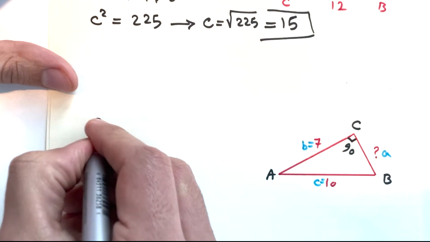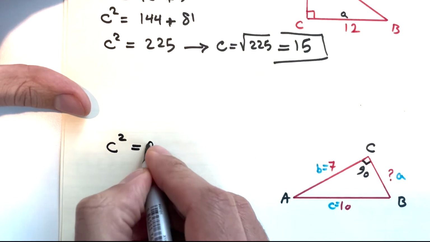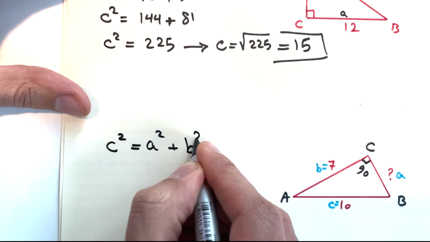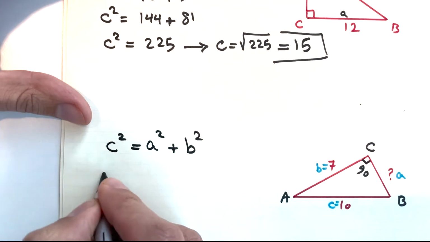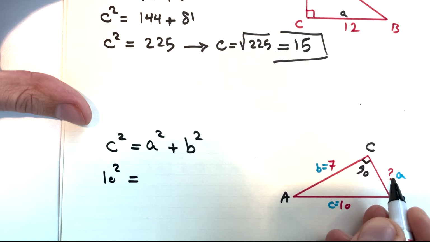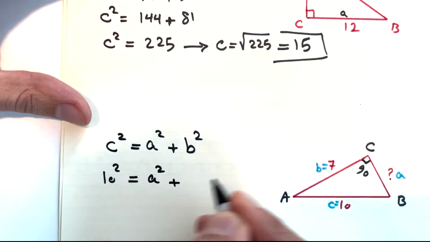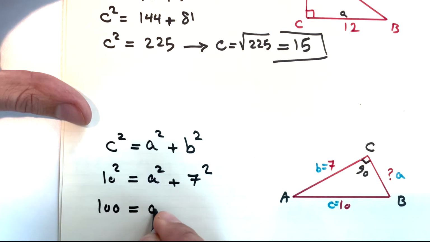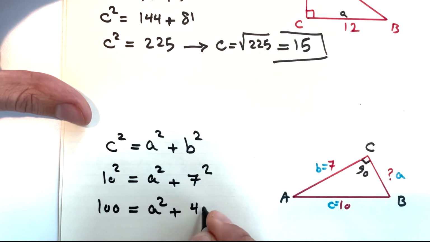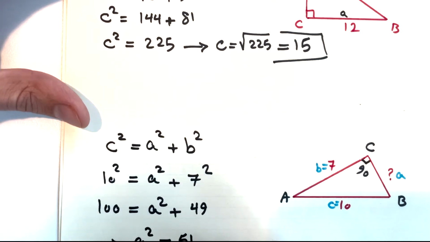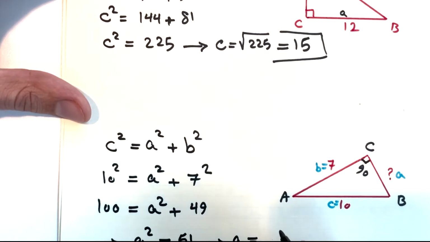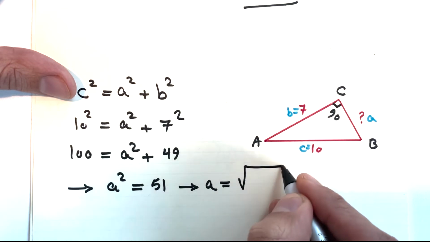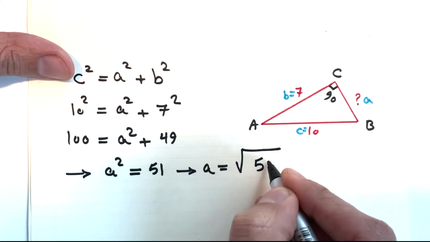I can write c square is equal to a square plus b square. 10 square is equal to a square plus 7 square. 100 is equal to a square plus 49, which means a square is equal to 51, and a is equal to square root of 51.